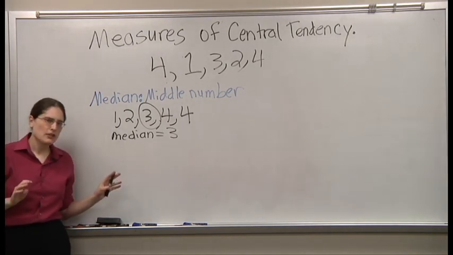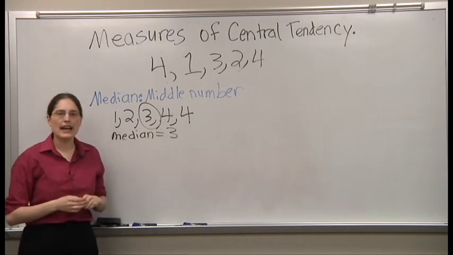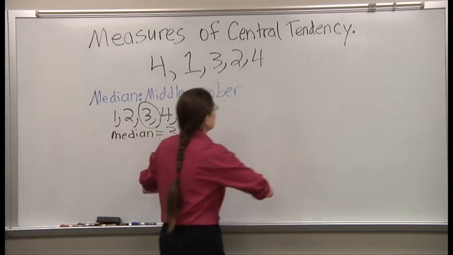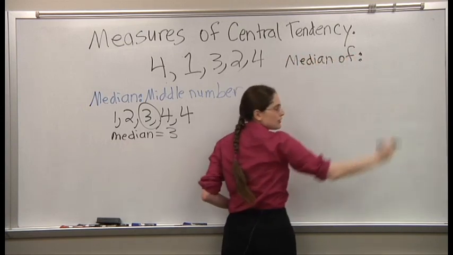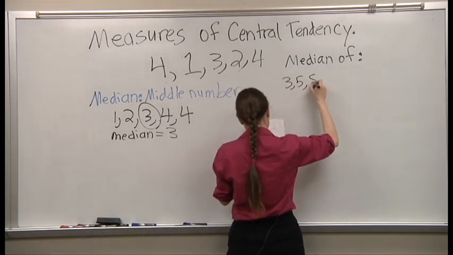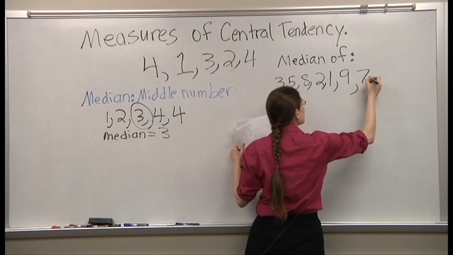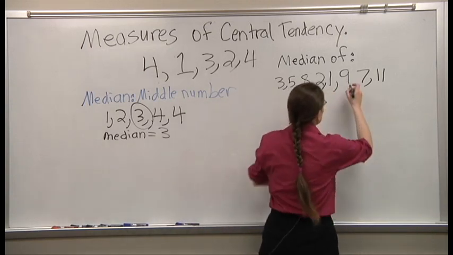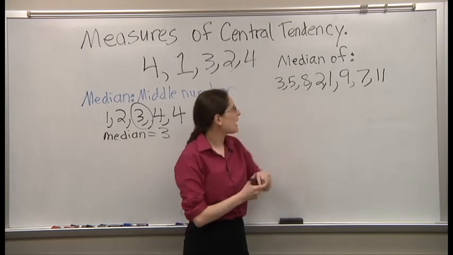But wait, you say, this one has 5 values, so we have a value in the middle. What if we had, say, 8 values, so there wasn't something in the middle? Let's find the median of another set of data. Say, so once again, we just line them up in size order.